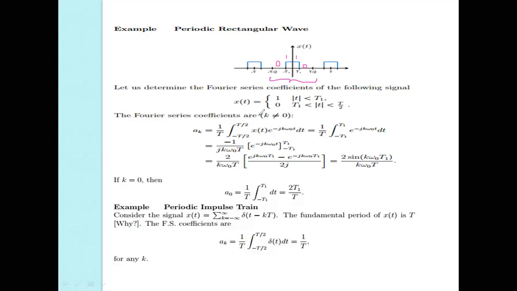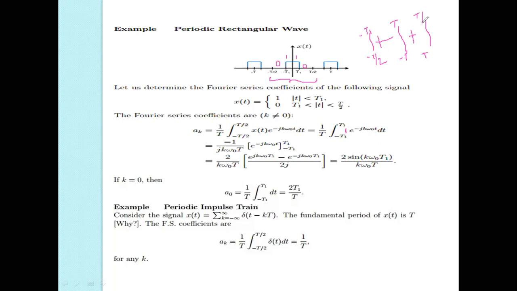So I am rewriting this expression as 1 by T, minus T1 to T1, where x of t is 1 now. The remaining parts are minus T by 2 to minus T1 and T1 to T by 2. So totally the integral becomes the integral from minus T by 2 to minus T1, plus the integral from minus T1 to T1, plus the integral from T1 to T by 2.